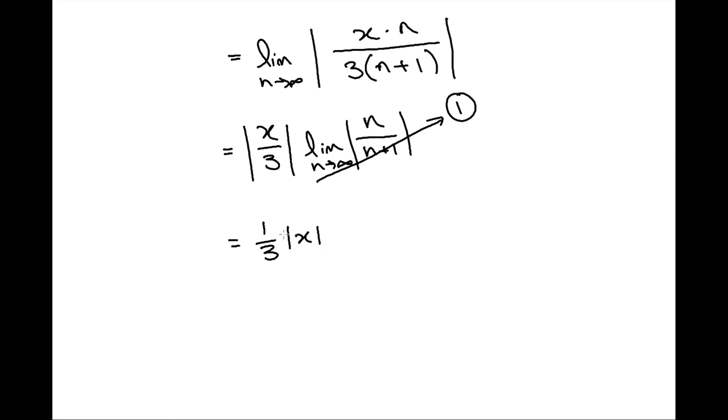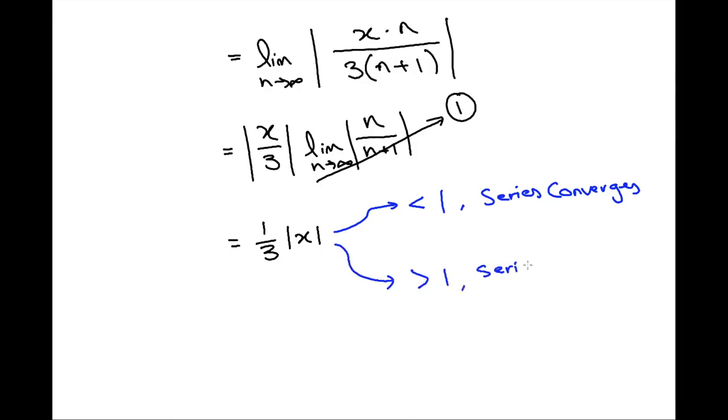That's just because we can take this out of the absolute value, because the absolute value of 3 is just 3. Okay. And now we have a couple of different things that would happen. If this entire quantity is less than 1, the series converges. If this entire quantity is greater than 1, the series diverges.